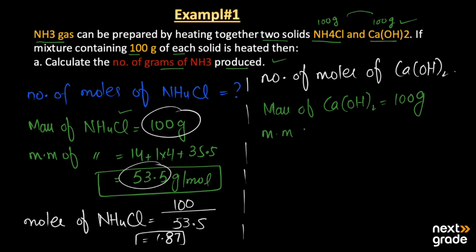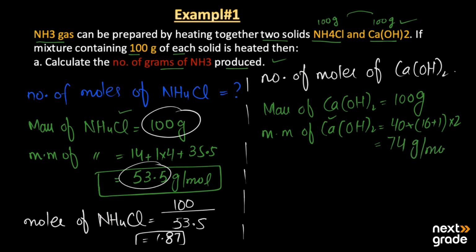For the molar mass of calcium hydroxide, calcium has mass number 40, plus oxygen 16, plus hydrogen 1 multiplied by 2. So on the whole, its molar mass is equal to 74 grams per mole.